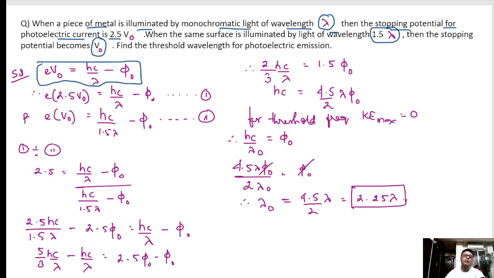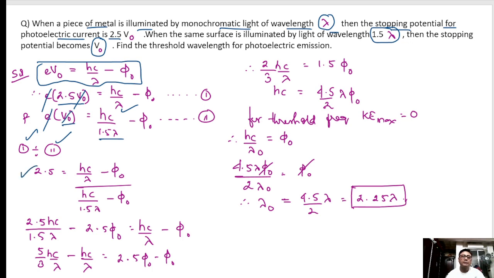So first of all, when the stopping potential is 2.5 V naught, the wavelength is lambda, and when the stopping potential is V naught, the wavelength is 1.5 lambda. So now we are doing 1 divided by 2. What will cut out? E will cut out, V naught will cut out, so what remains? 2.5.